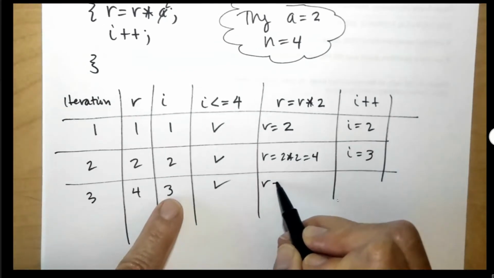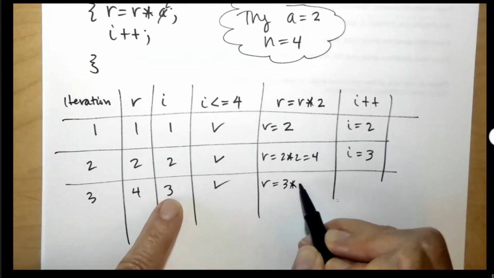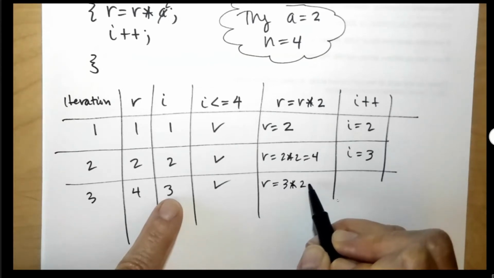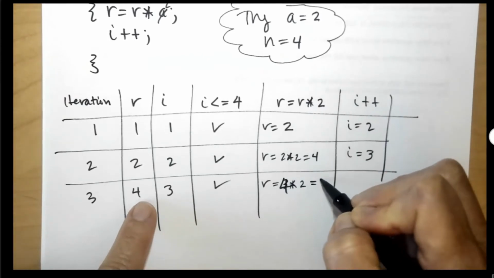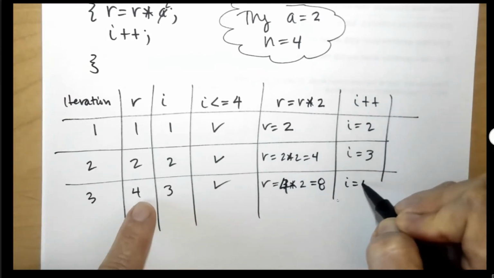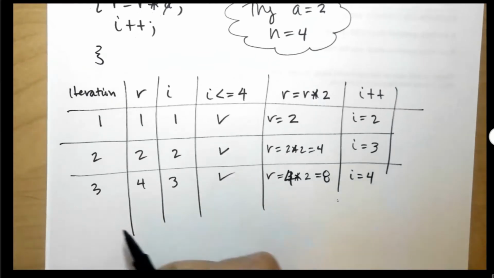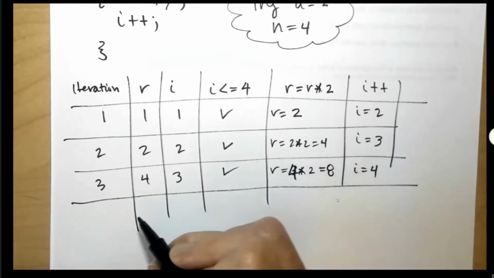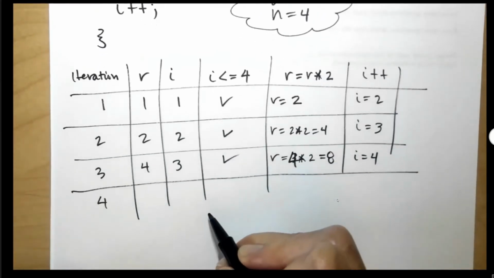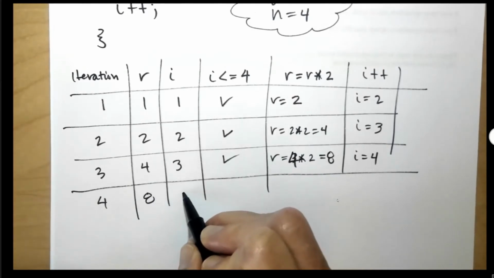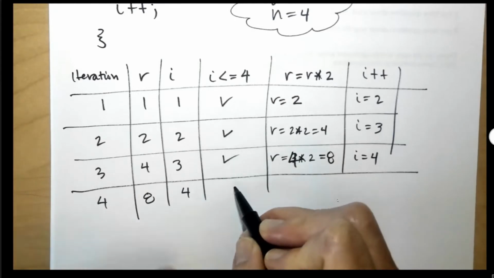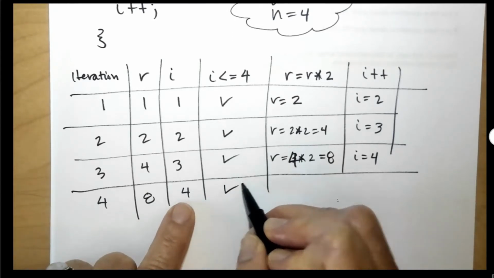And R is now going to be itself times 2. Oops, R is 4. And that's going to give us 8, and I increments to 4. And we're at 4. R is now 8. I is now 4. I is less than or equal to 4. Yes. R is now itself times 2, which is 16.